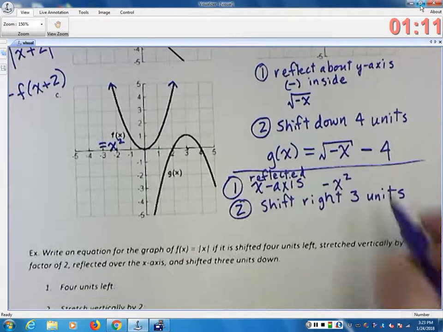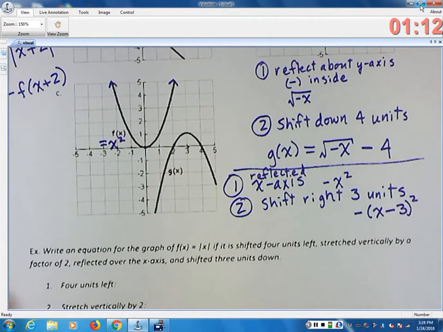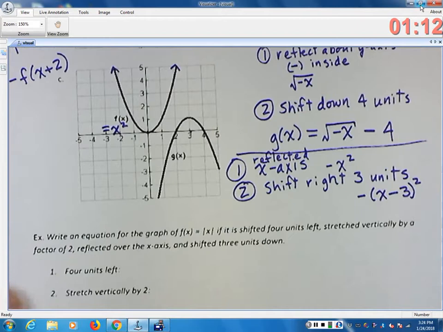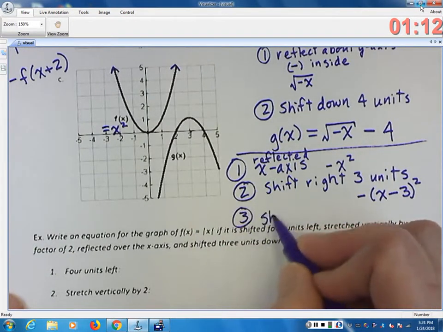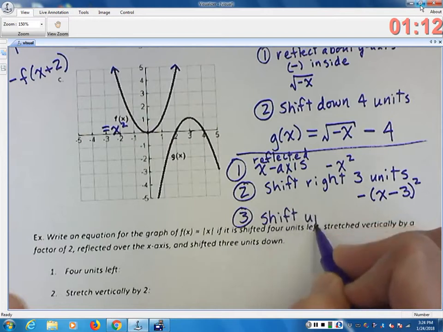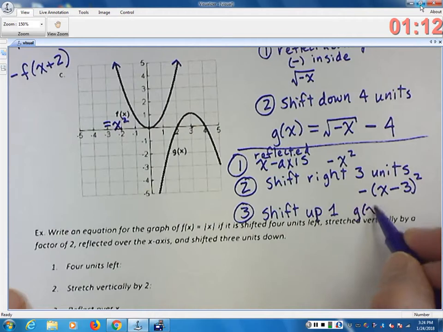So that would be inside the function, x minus 3 squared. I've got to put it inside the squared, subtracting 3. And now we have to shift up 1. So we're going to have g of x is minus (x minus 3) squared plus 1.